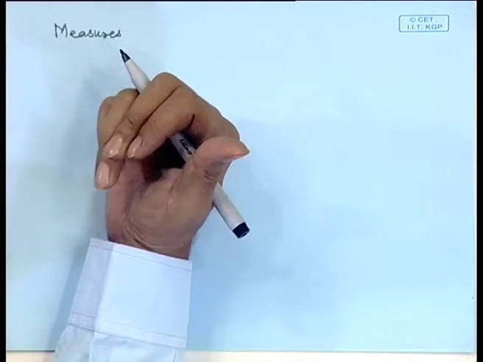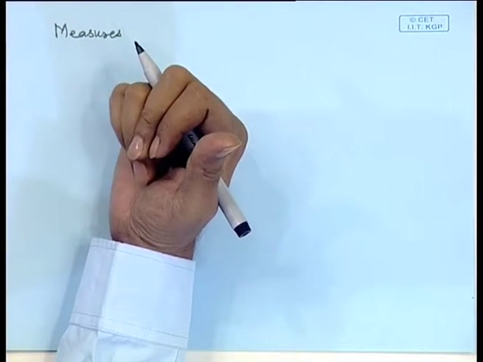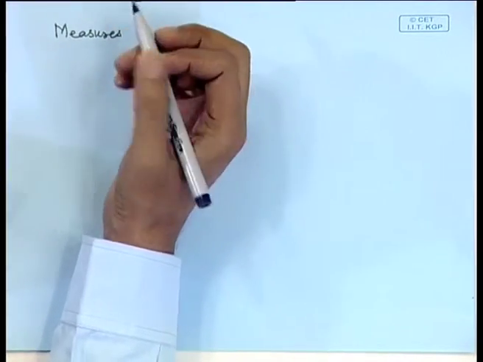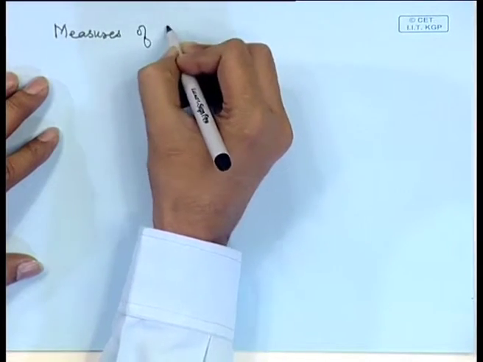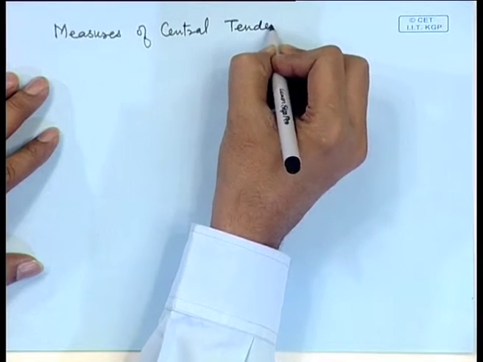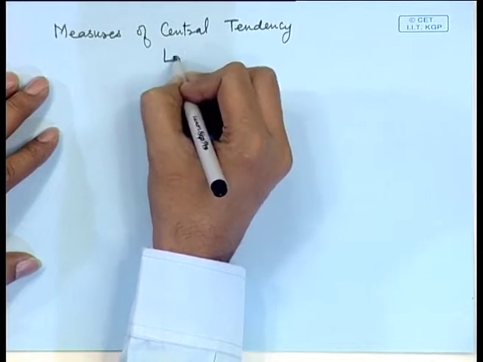That means, from the given frequency distribution, we calculate certain measures which tell us about various characteristics of the distribution. The first of these are known as measures of central tendency, or you can say measures of location.